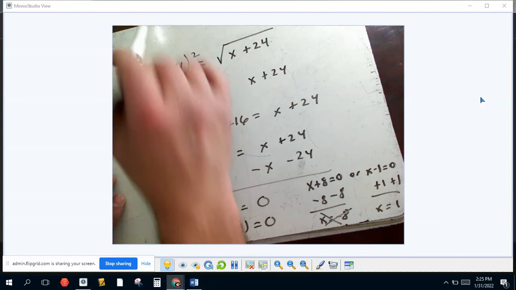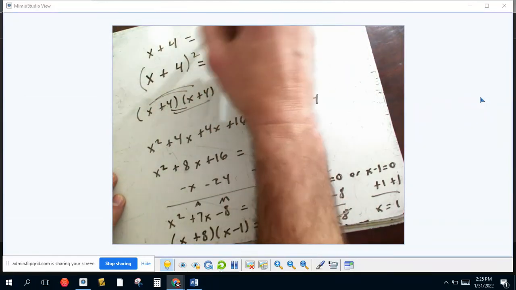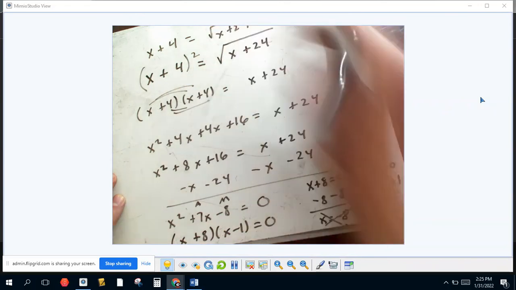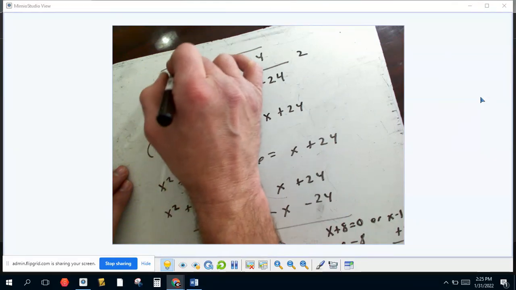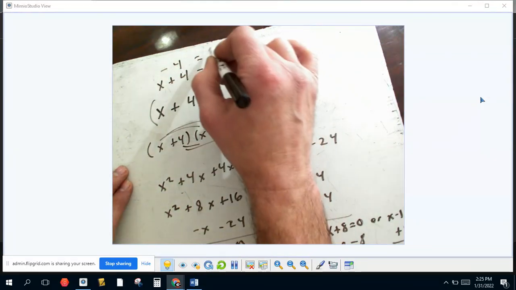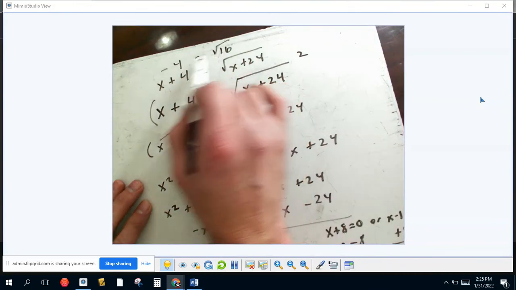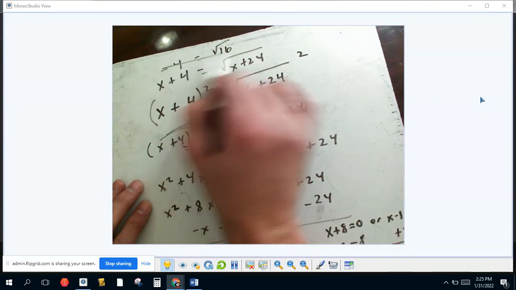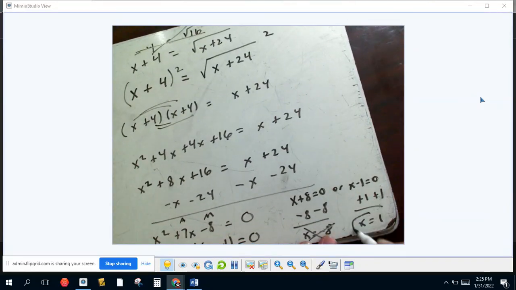Because if I put negative 8 back into the original equation, negative 8 plus 4 is negative 4. And negative 8 in here is 16. Remember what we said. You can't have a square root end up negative out here. So this is no good. If you check the 1, it's fine.